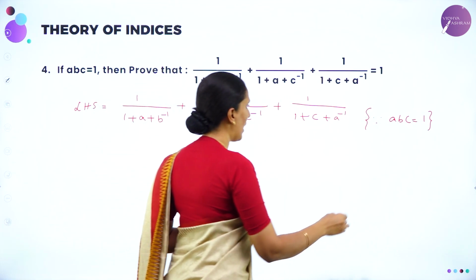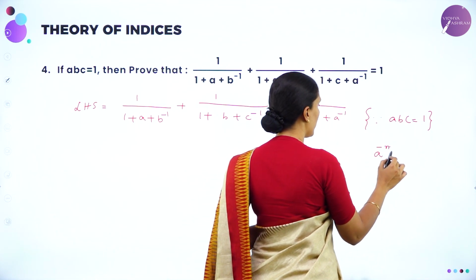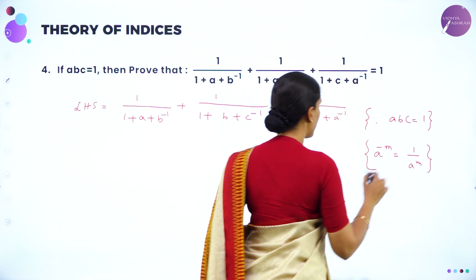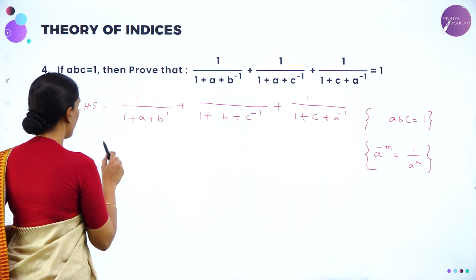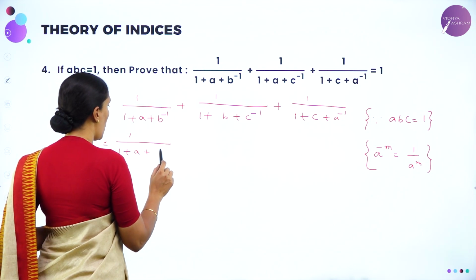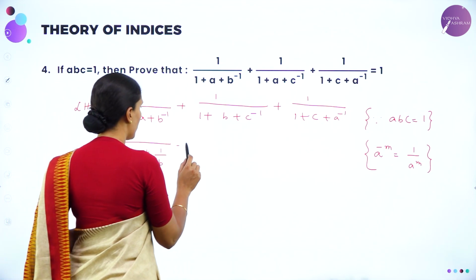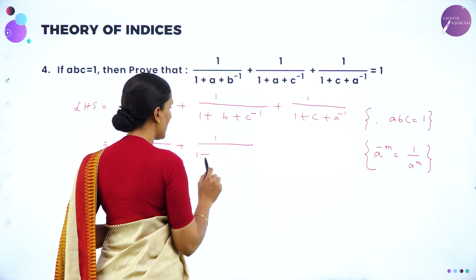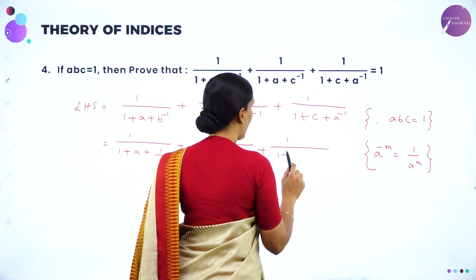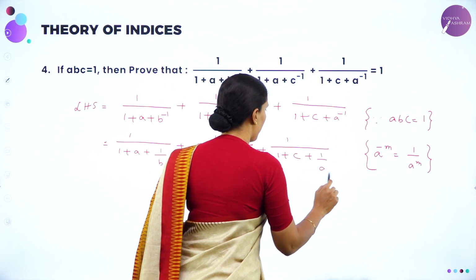So we also know that a to the power minus m is equal to 1 divided by a to the power m using the laws of exponents. So here I can write this as 1 divided by 1 plus a plus 1 divided by b. And here we have 1 plus b plus 1 by c. And here we have 1 plus c plus 1 by a.